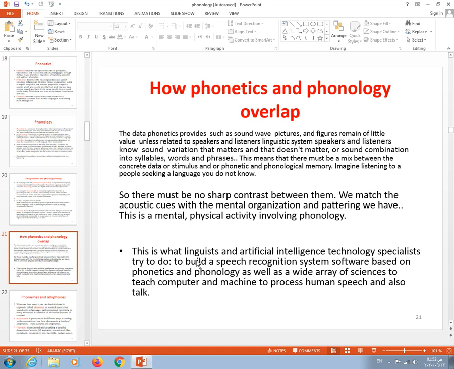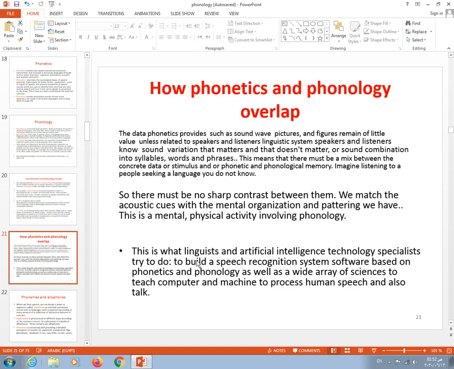So there must be no sharp contrast between them, and let's know that both phonetics and phonology collaborate in describing languages and explaining a very important part of what makes us human.